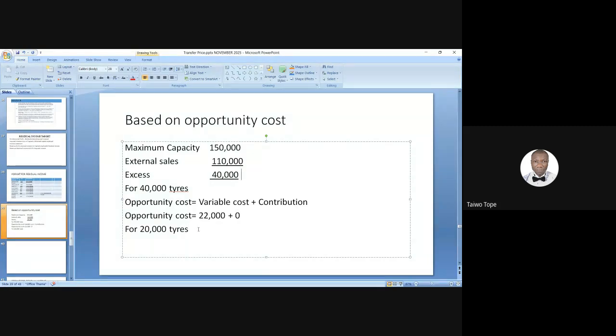At this point, you can look at the opportunity cost in this way. The variable cost is what? 22,000. What is the contribution? 13,000, isn't it? Contribution is 13,000. So the opportunity cost is what?